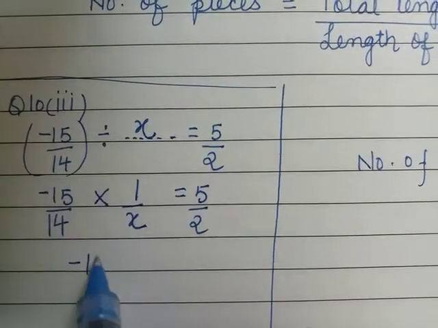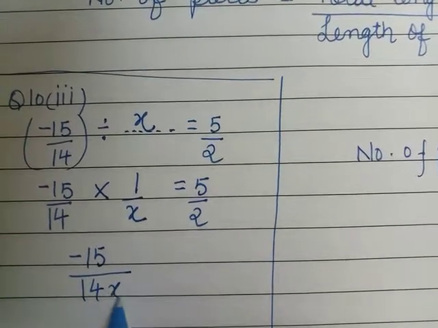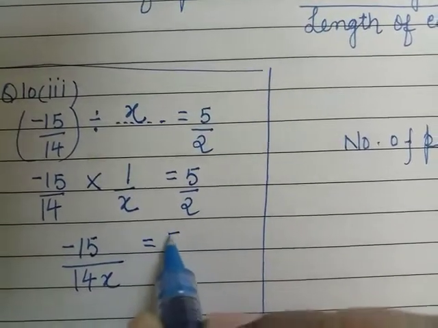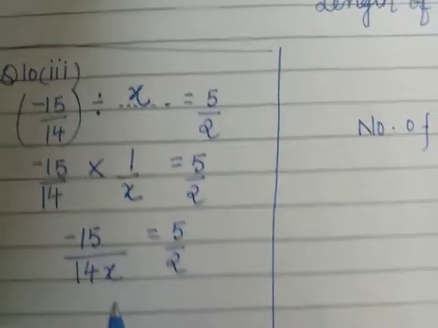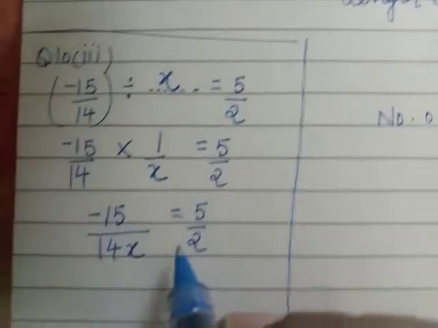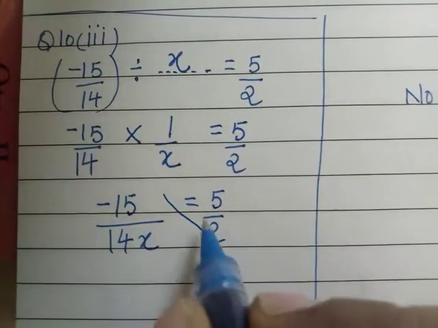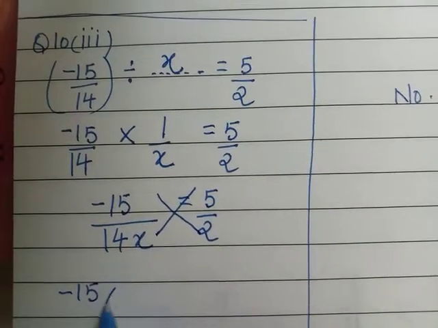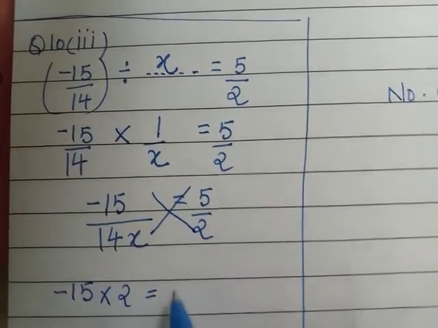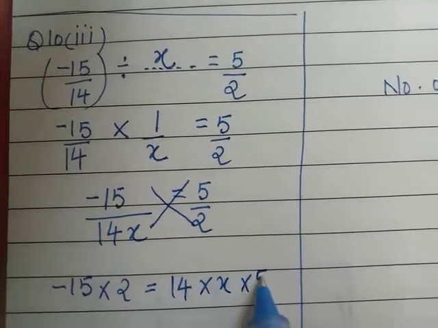So what we'll get? Minus 15 upon 14x is equal to 5 by 2. Now we are looking for the value of x. So what I do? I cross multiply first the given expression. So what you get? Minus 15 into 2 is equal to 14 into x into 5.